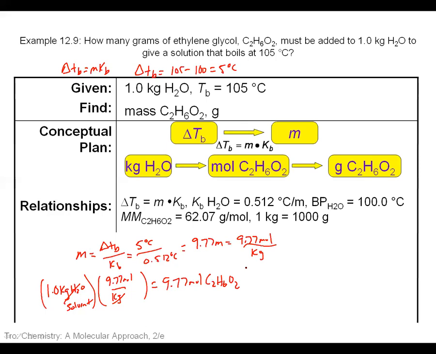So now that we got to moles, what we have left is to get ourselves to grams, and they were nice enough to give us that number right here. Again, if they did not give us that number, we would go to the periodic table and get the molar mass. So the molar mass here is going to allow us to convert to grams. We're going to multiply by the molar mass, which looks like 62.07 grams per mole.